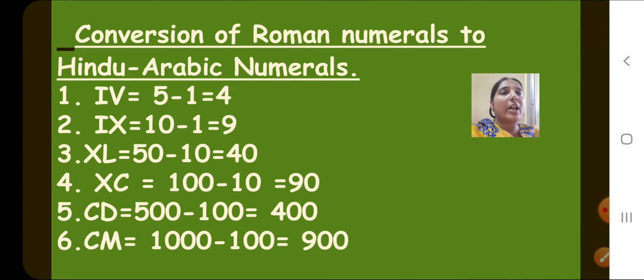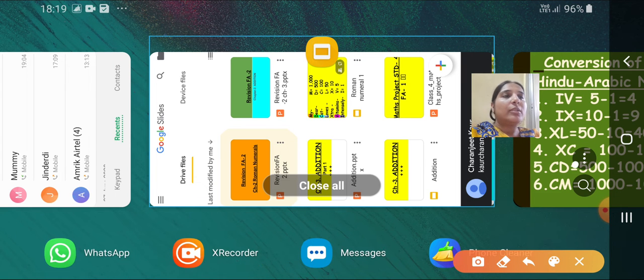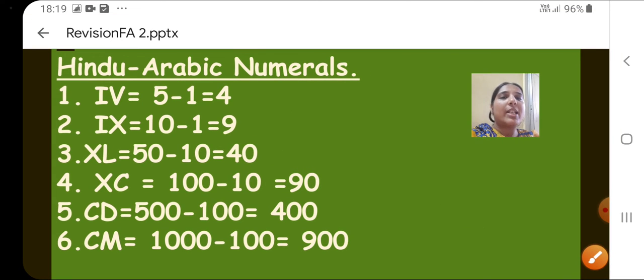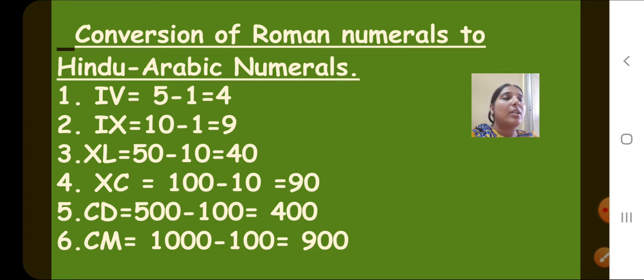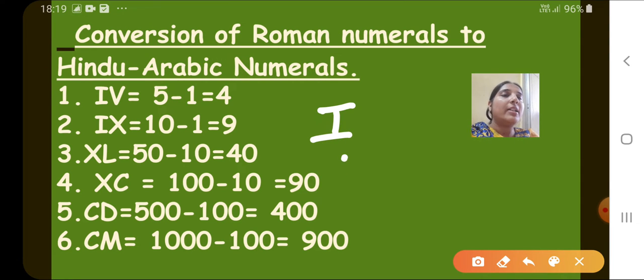Now let's see how to convert Roman numerals to Hindu Arabic numerals. As we were discussing how to write 4, how do we write 4? If you see IV, I stands for 1, whereas V stands for 5.